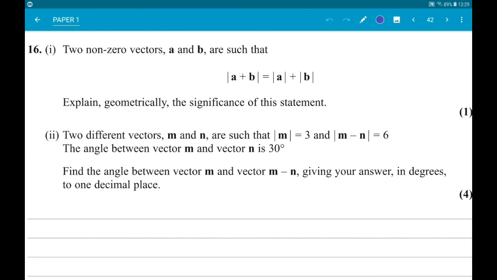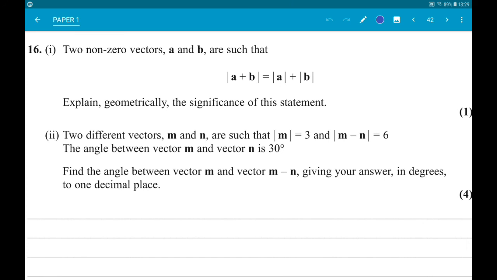Two non-zero vectors a and b are such that the length of a plus b is the same as the length of a plus the length of b. We want to explain geometrically what this means. So, think about it. If you take one step forward and then one step to the right, that diagonal length from where you started to where you now are is not the same as the sum of the length of the vectors.